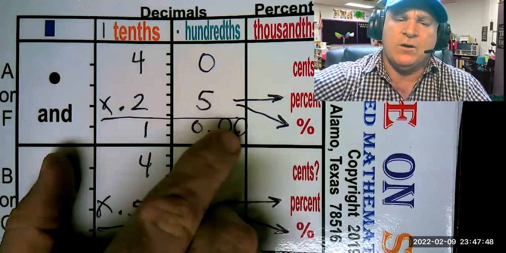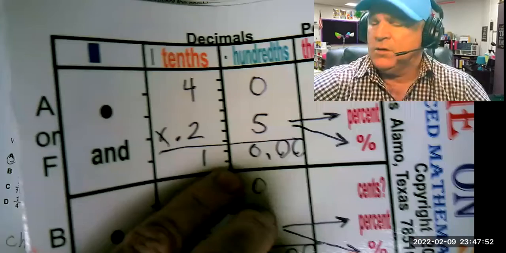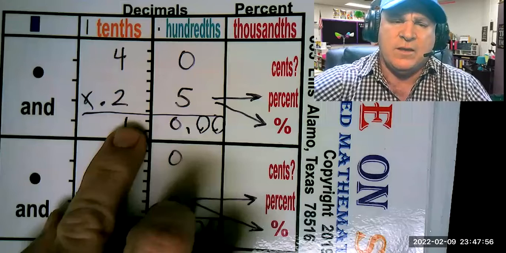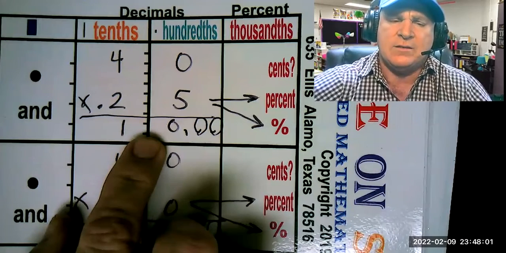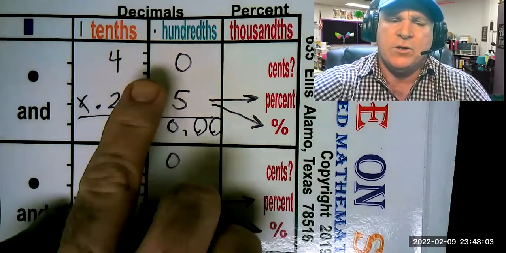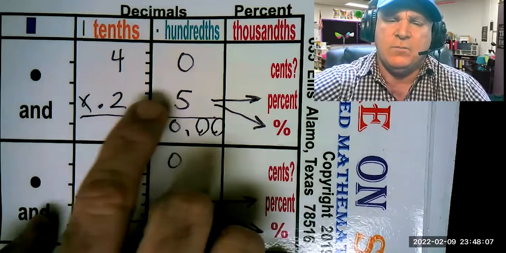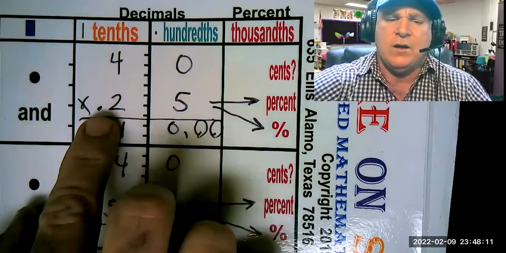So our friend Bill's portion of the cake, 10 out of the 40 pieces, is 25 hundredths. What is 25 hundredths in percent? How much out of 100?